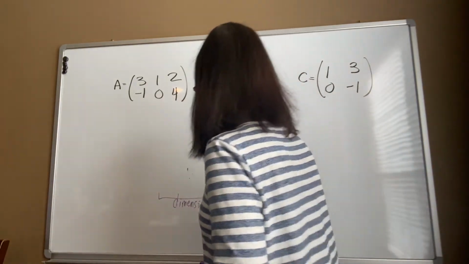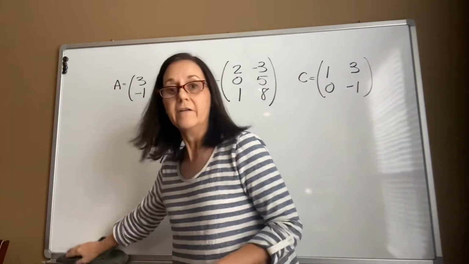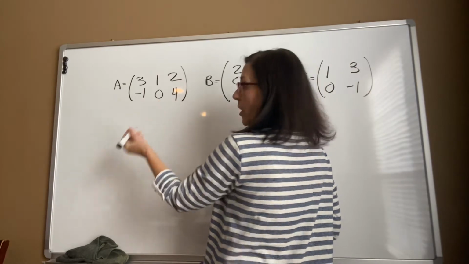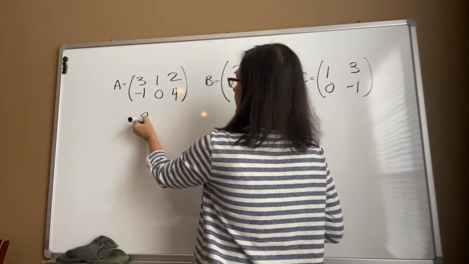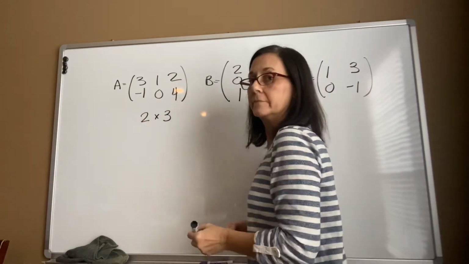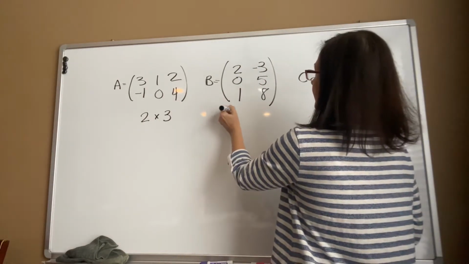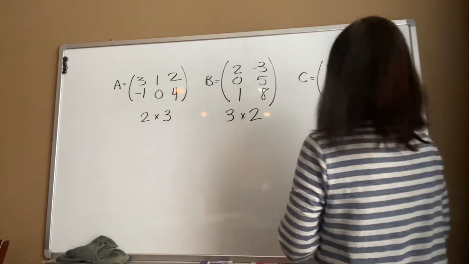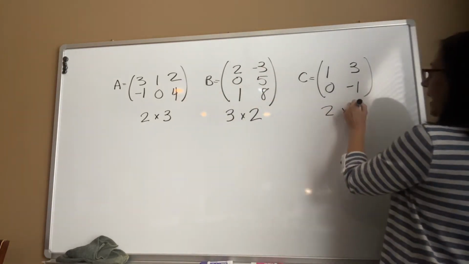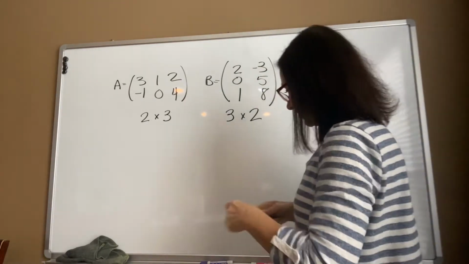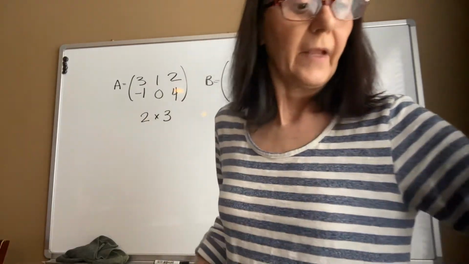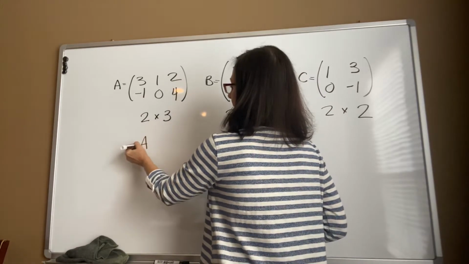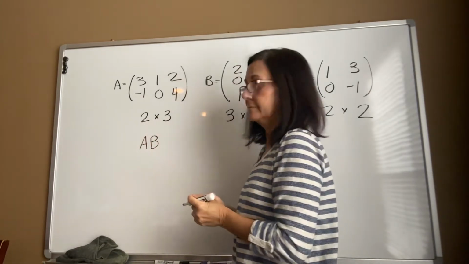So let's look at the dimensions of these 3 matrices. All right, so rows by column. A is a 2 by 3. B is a 3 by 2. And C is a 2 by 2. All right, so let's ask ourselves, can we multiply A times B?